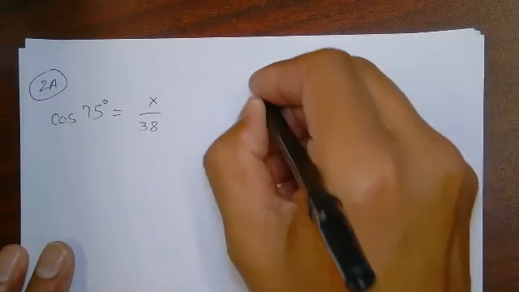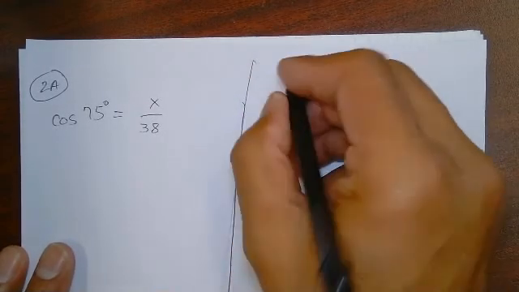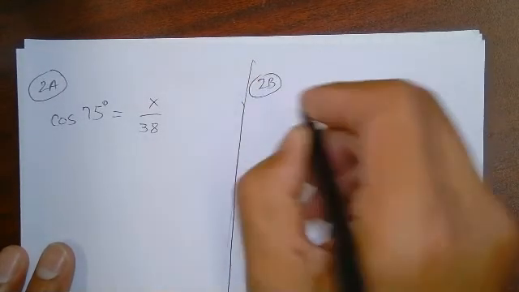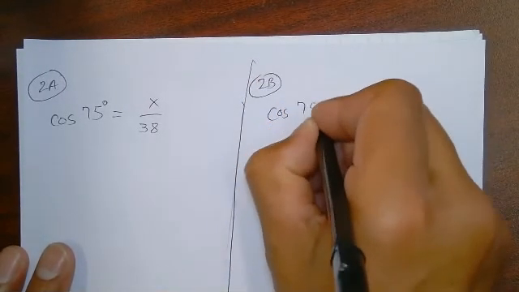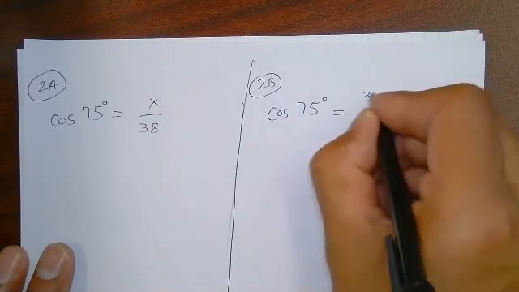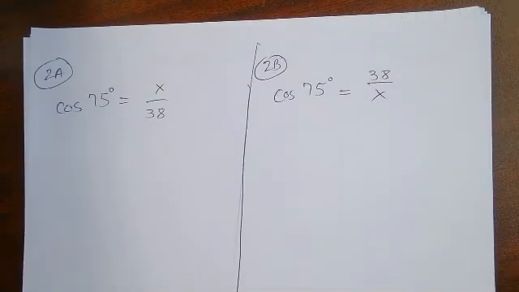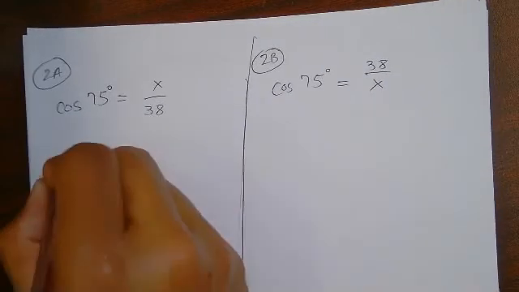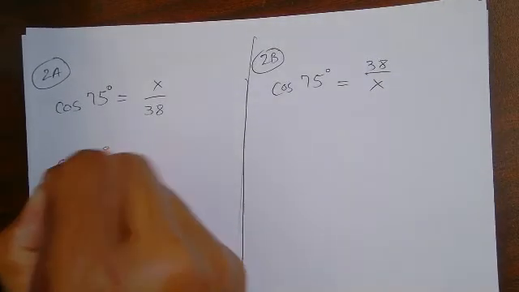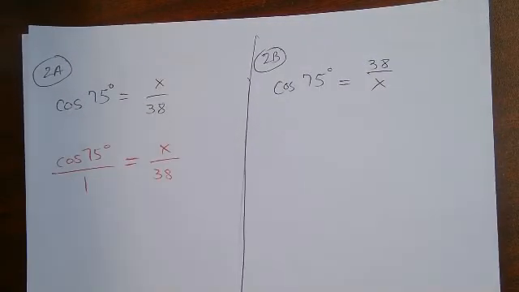2A is going to be cosine of 75 is equal to x over 38. And 2B is going to be cosine of 75 is equal to 38 over x. All right, let's work them together.